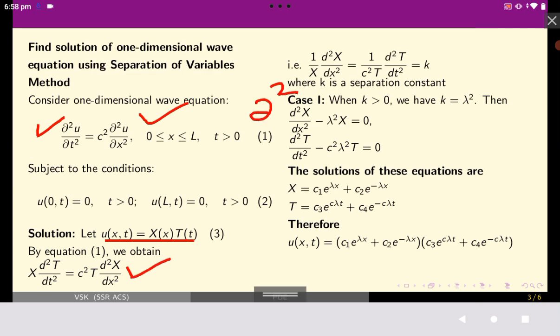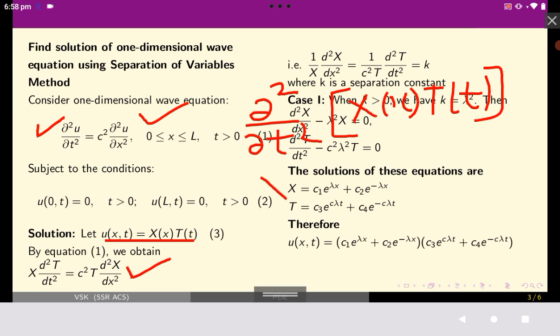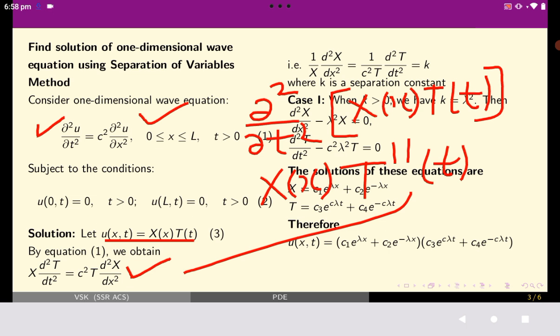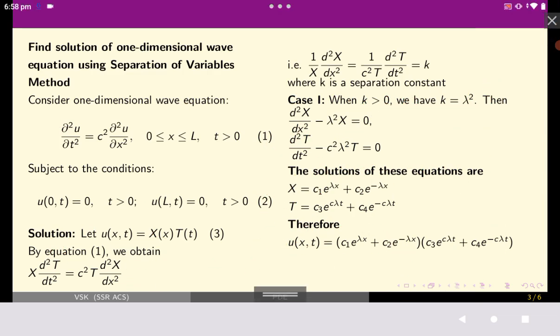It is because this is del 2 by del t square, and when we put the value of u, that is X depending on x and capital T depending on t, X, because it is constant in this case, will come out, and this will become T double dash, that is written here in this form. Similarly, from the right hand side, we'll get these values very easily. So this equation we have found.